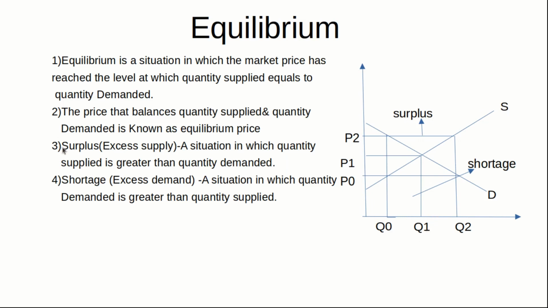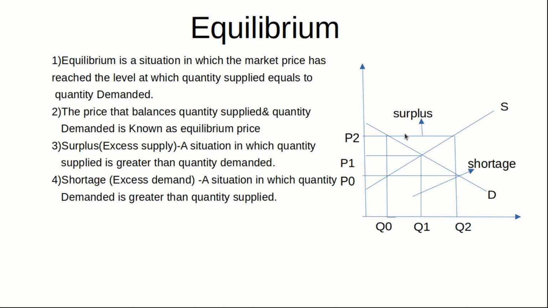Now there are two terms, surplus and shortage. Surplus means excess supply and shortage means excess demand. A situation in which quantity supplied is greater than quantity demanded is your surplus. In this you can see the price above equilibrium is P2. At this price level we have only this much demand and this much supply.